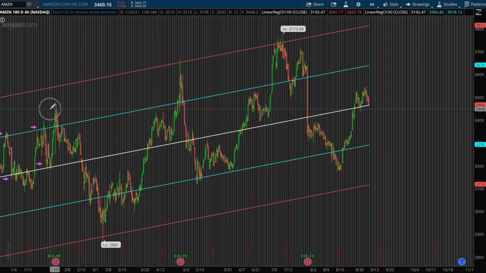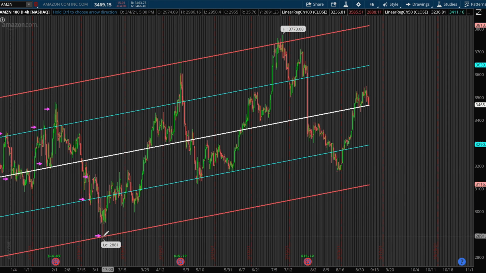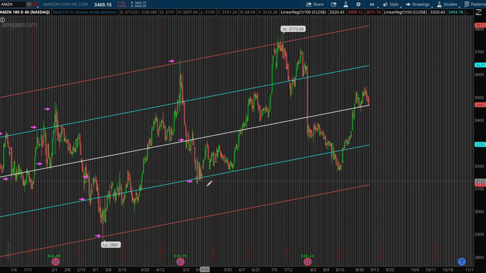We sort of broke above it, but we didn't have enough buyers to keep continuing up, so we sold all the way back down over here. We had a major bounce over here, or we had a minor bounce over there. We came all the way down here, and we went all the way back here, rejected, came back down, came back to the lower deviation, and we basically did that throughout the entirety of Amazon's history to the current date.